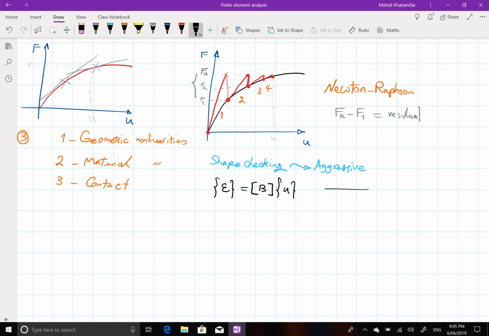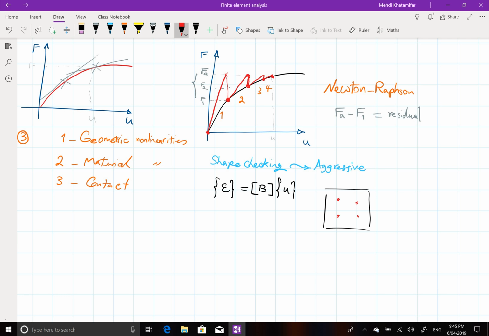And we said, for example, if this is my element, we selected sampling points like this here, and then we start constructing the strain displacement matrix, and finally the stiffness matrix. And we use these lines to interpolate, these nodes to interpolate inside our element.